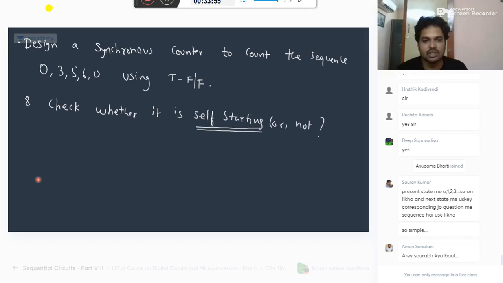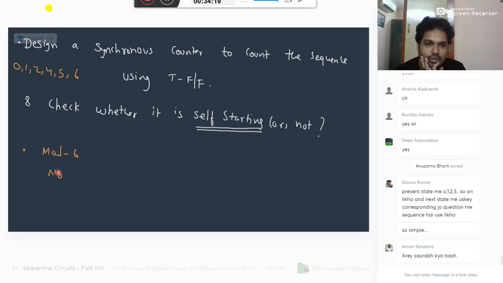Now, let me design this counter. Let me give you something different. Let me design this with flip-flops: 0, 1, 2, 4, 5, 6. This is the counter I want to design. So what is this?